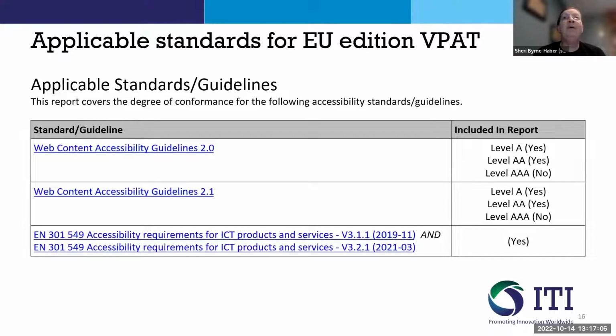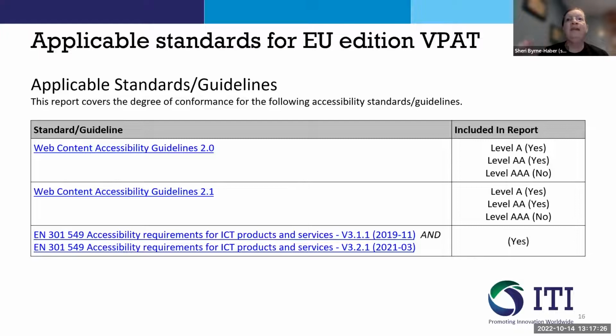So at the top of your ACR VPAT, you will have a section called applicable standards and guidelines. And you will need to put yes for the section included in report when the standard and guideline listed is EN 301549.